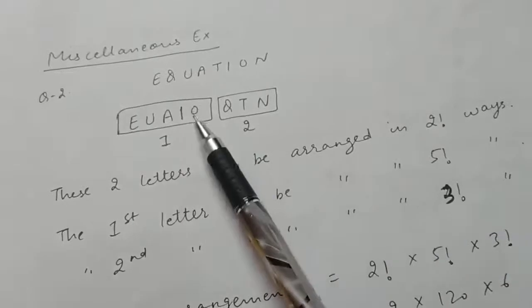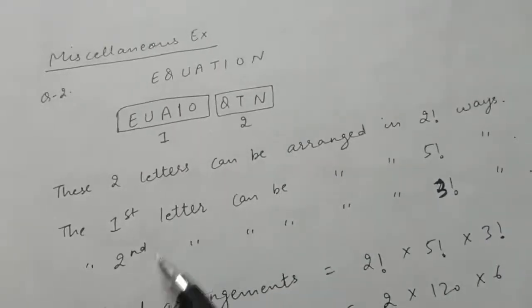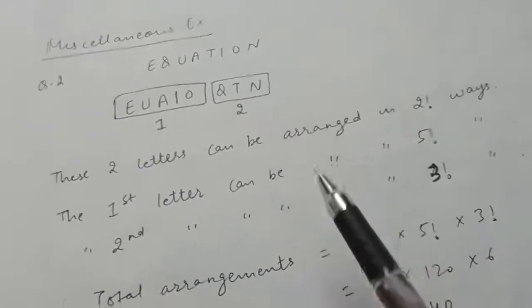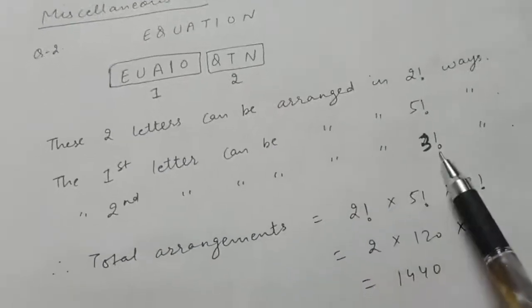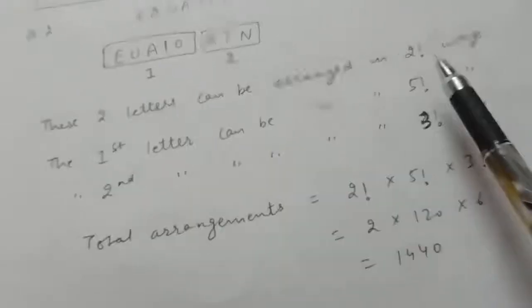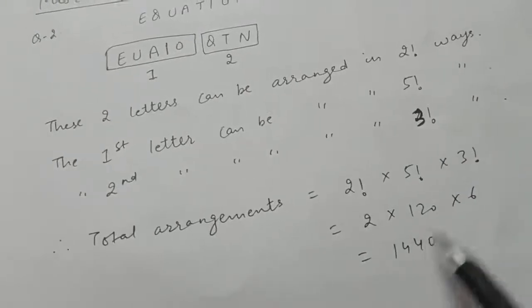As no letter is repeating, we will not divide anything. Now the second letter consists of 3 distinct letters, so this can be arranged in 3 factorial ways. Therefore total arrangements will be 2 factorial into 5 factorial into 3 factorial, that is this, right?